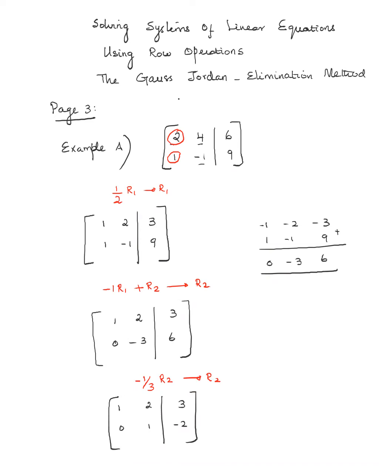In the last step, we have to make this 2 into 0. So in order to do that, we are going to do -2 R2 plus R1, that goes to R1. We're going to multiply the row 2 by -2 and add with row 1.